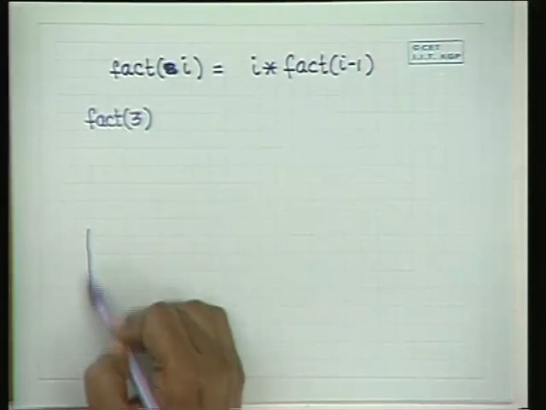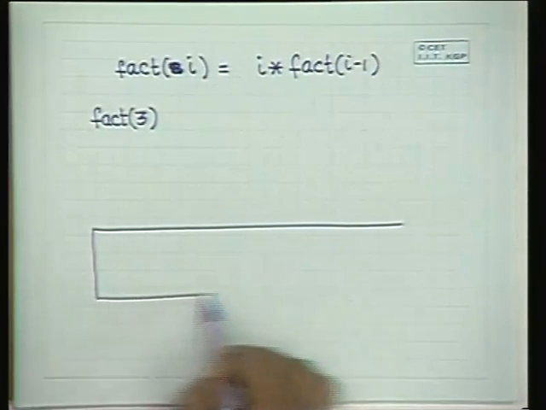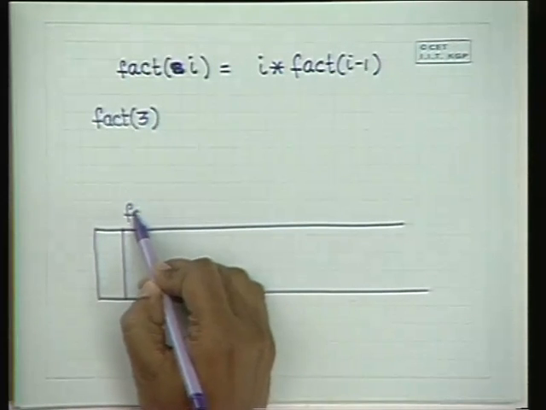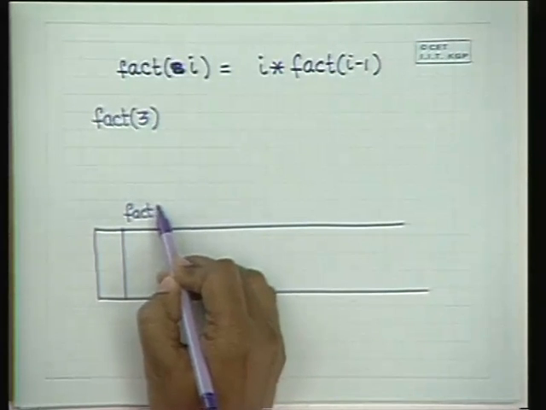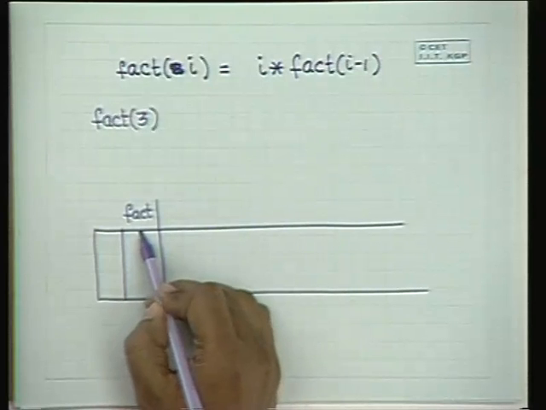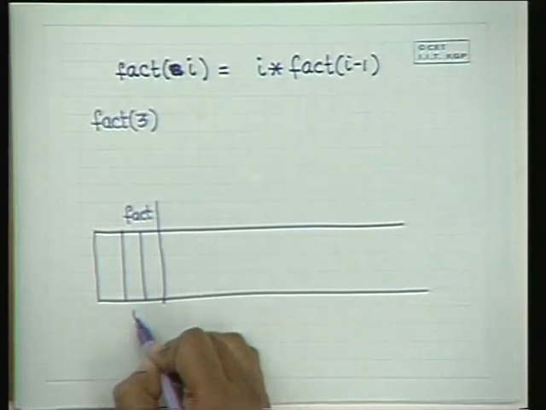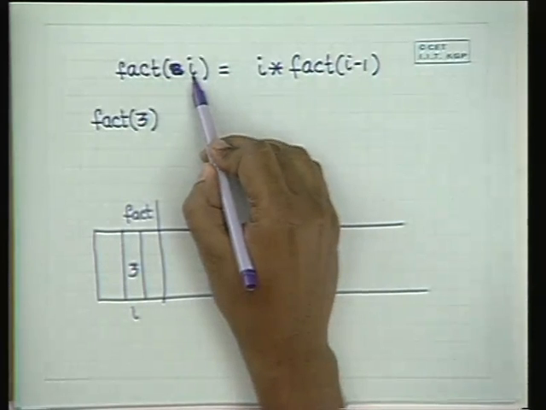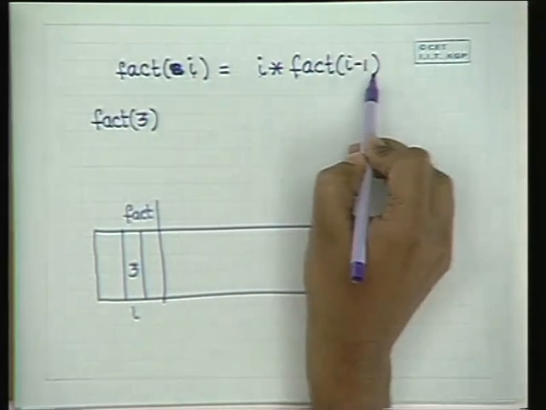So now what happens here? A data segment for fact is called, and here you have got the variable I which takes in the value 3. Now once you get the value of 3, you again call fact.